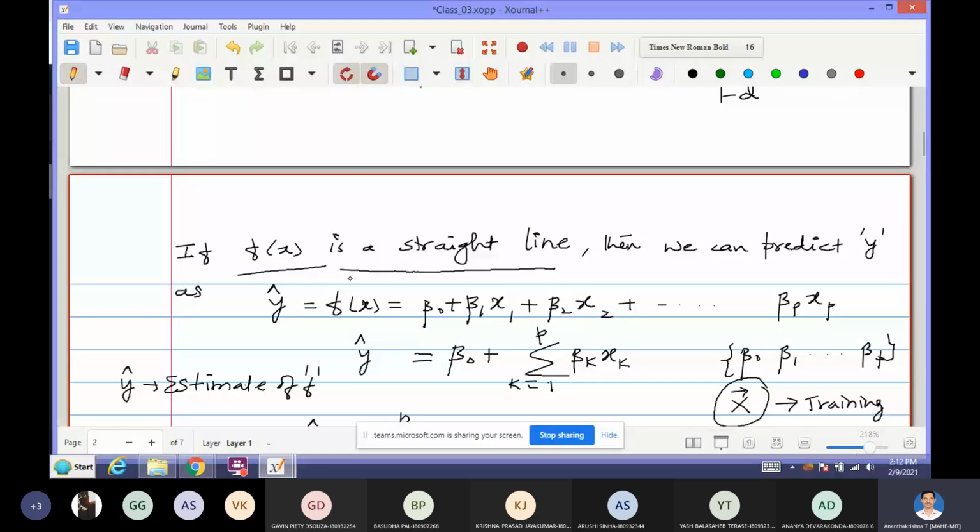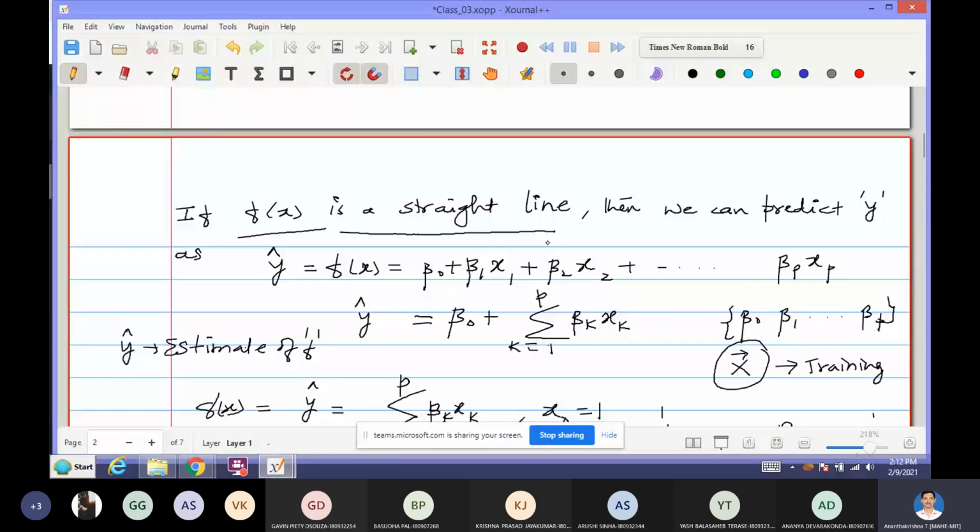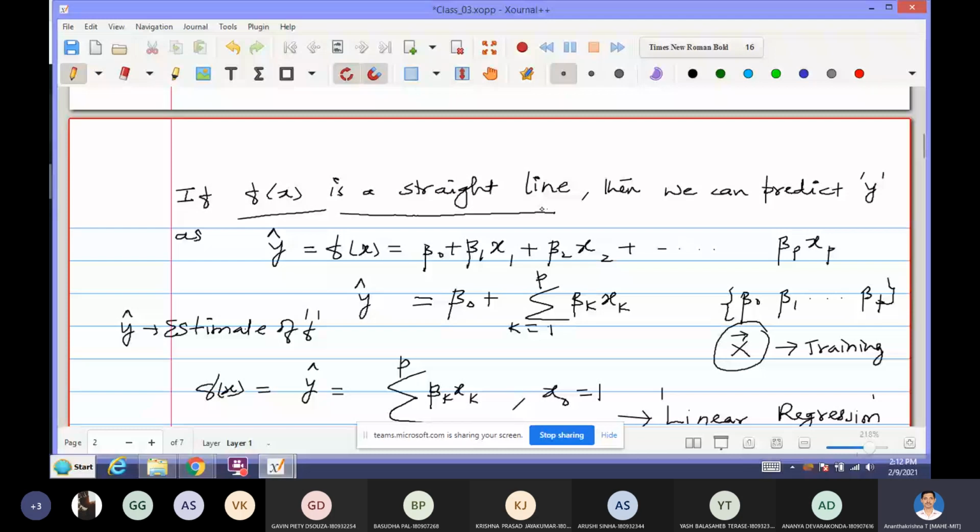So if f of x is a straight line, or rather a plane, or I can say hyperplane, in p-dimensional space, then we can predict y as something of this sort.